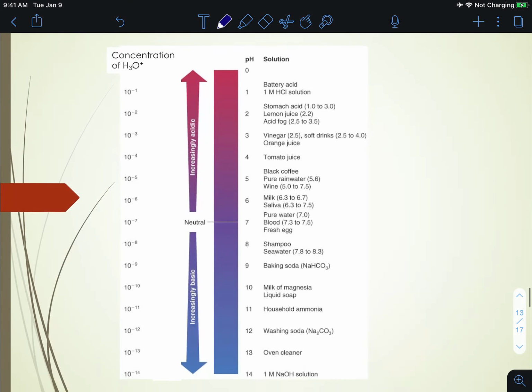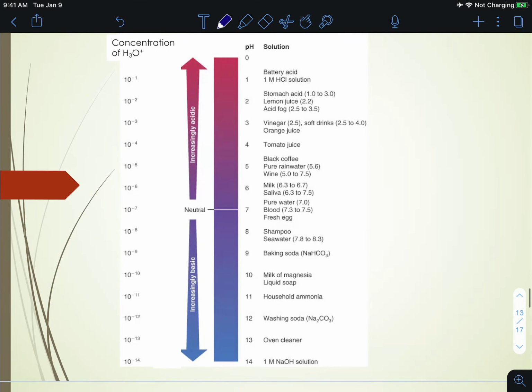So you see your pH scale here, and ultimately, like I said, what you are indeed measuring is that hydronium ion concentration. You can see 10 to the minus 1 means a pH of 1 because pH is equal to the negative log of that hydronium ion concentration.